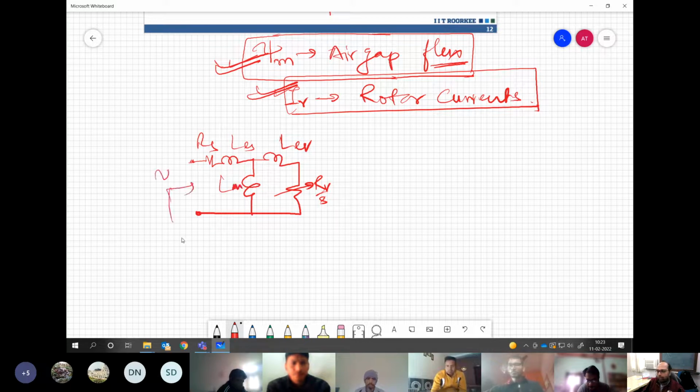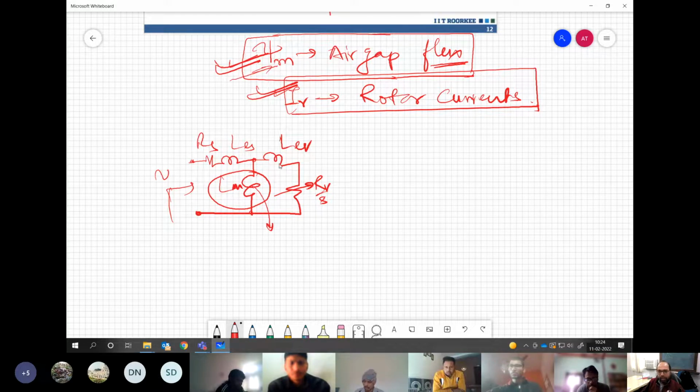So you are applying some voltage over here. Now, if I ask you, where is the air gap flux generated? Which component is responsible for that? Sir, LM. LM. So the flux is generated in this LM, or the magnetizing branch is responsible for the torque generating component.